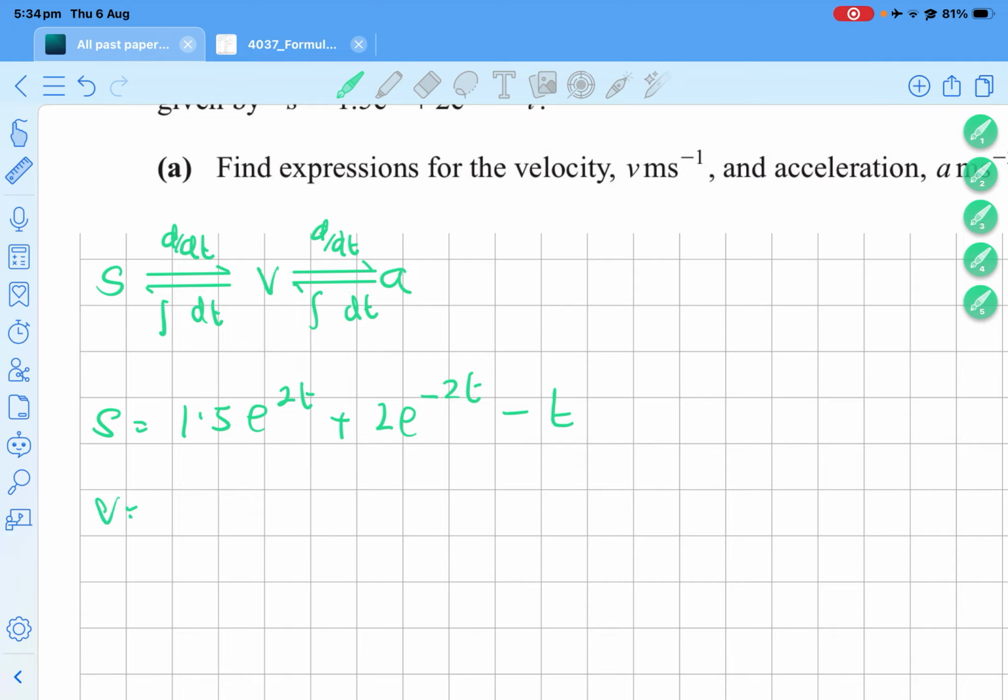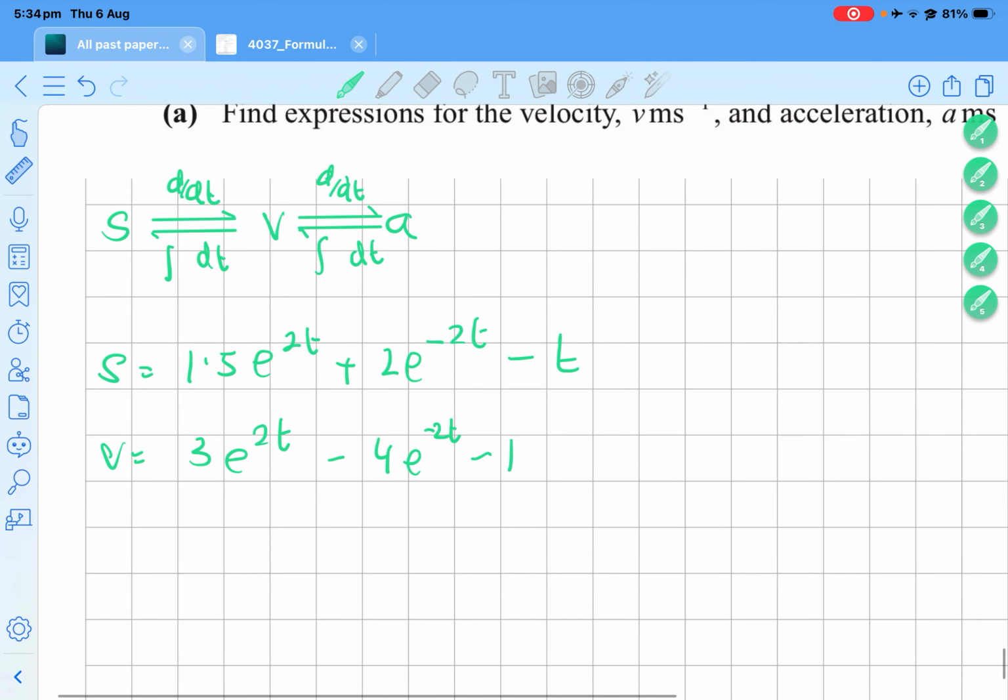So v will be equal to 3 e to the 2t minus 4 e to the minus 2t, and then minus 1, and then a will be equal to 6 e to the 2t plus 8 e to the minus 2t. Since the constant differentiates to 0, and they ask for only these two, this will be our answer.